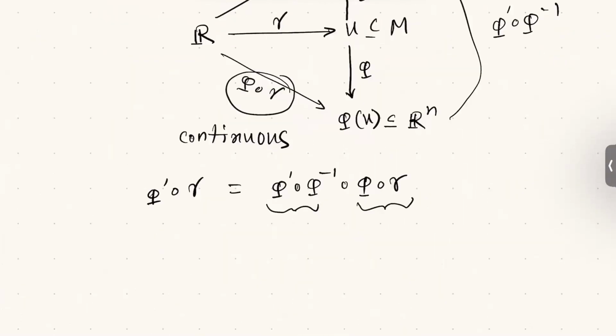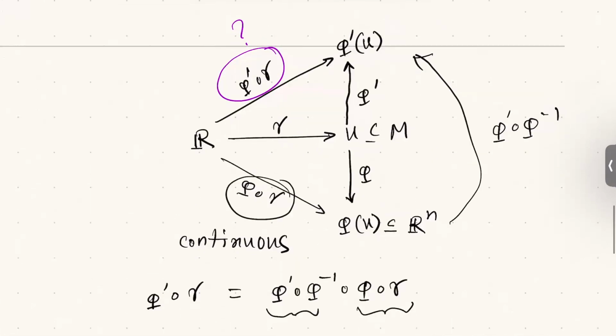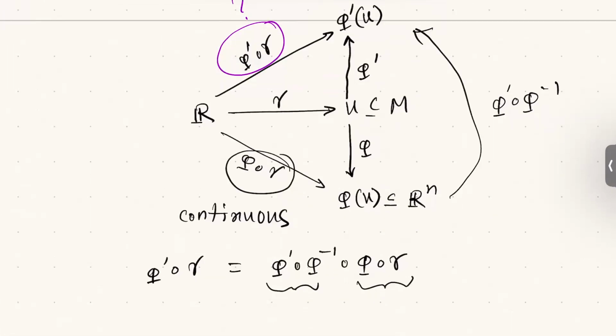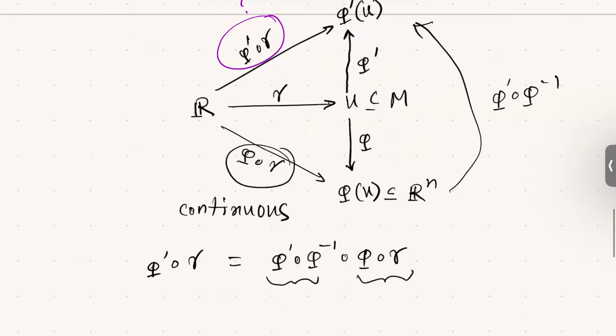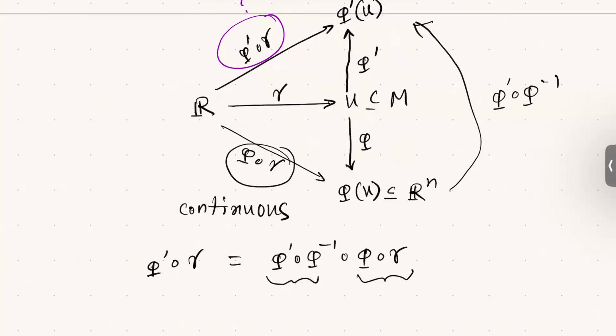And then we want to talk about the differentiability of this function, phi prime of gamma. So now let us consider this phi of gamma. This is differentiable. So can I say phi prime of gamma is also differentiable?